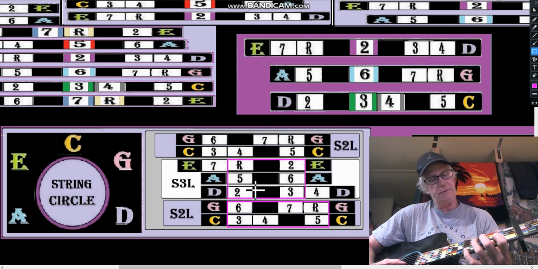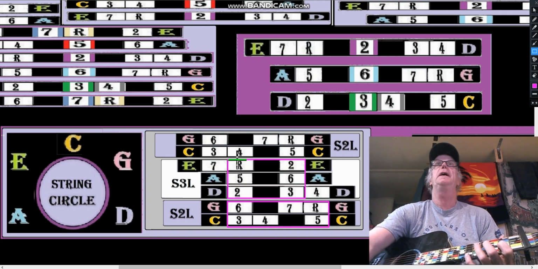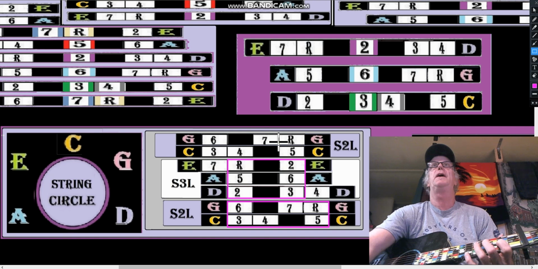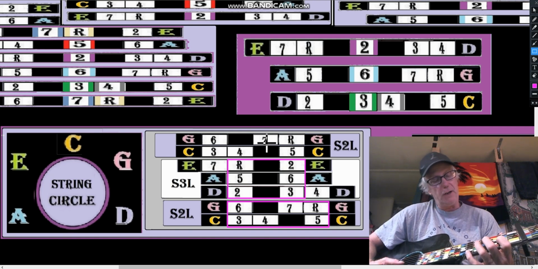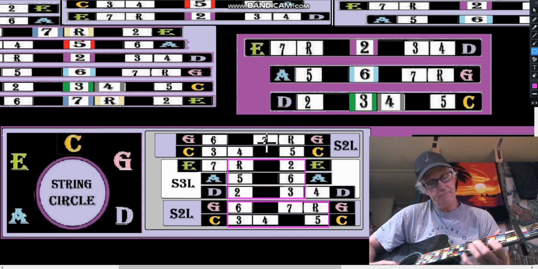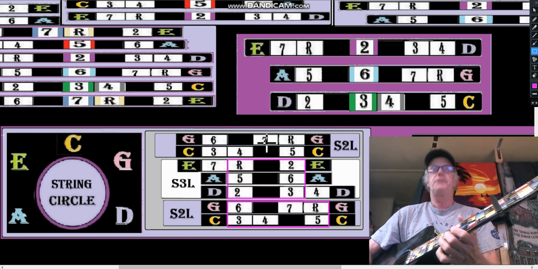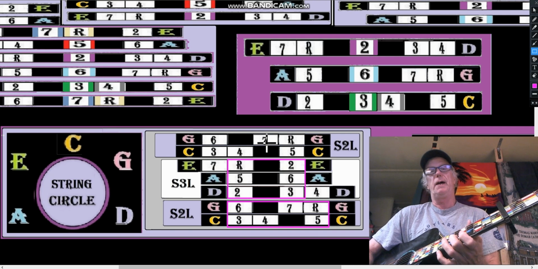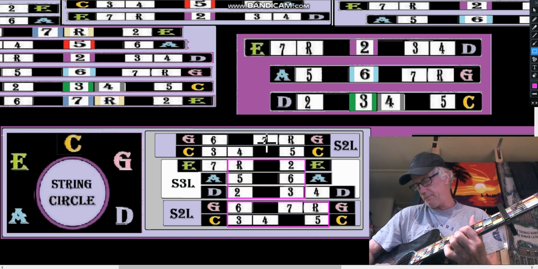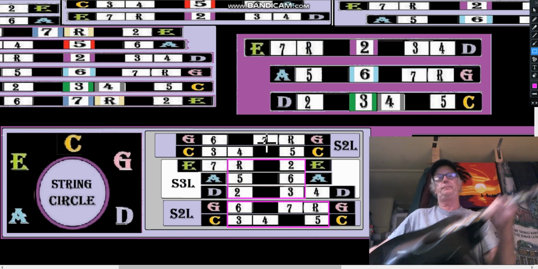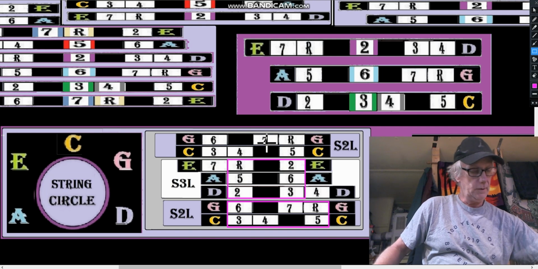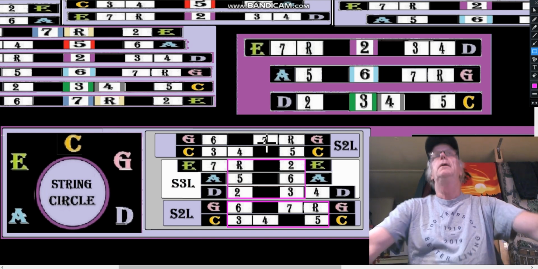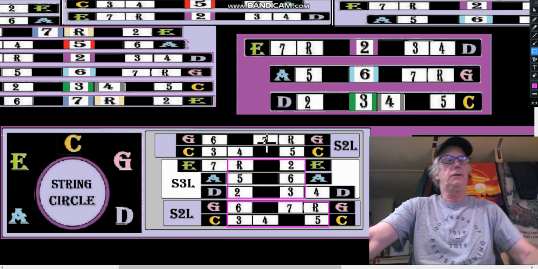Then we go to that S3L, S2L up there, 3 to 5, 6 to root, ignoring the 4 and the 7, with the pentatonic. And this note up here is our F, our D-shaped F. So that's a little background.